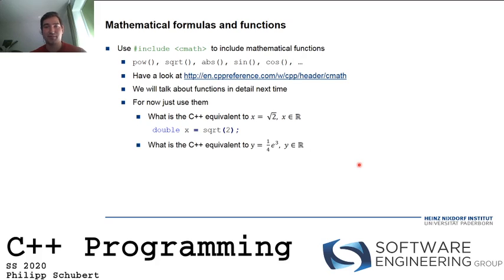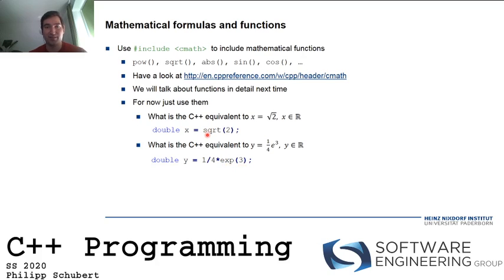That's basically the meaning. You could also write something like this. If I would ask you for the C++ equivalent to y is 1 over 4 times e to the 3, it would be something like here. You have a double variable y, and you have the following expression. So 1 over 4 times, and then you call a function, and this is the exponential function here.